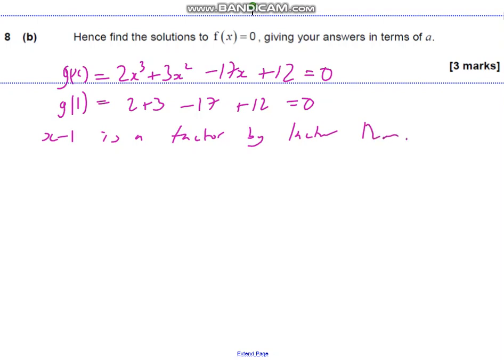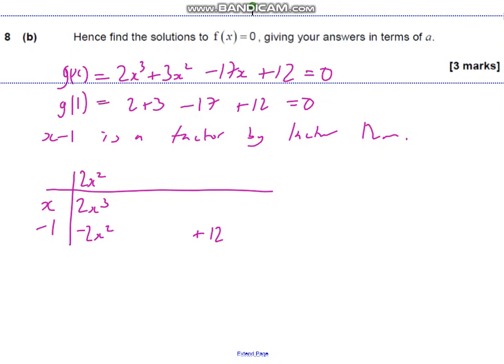Alright, now probably best to use our grid method. So here we go. We've got x minus 1 here because we know that's going into it, and we know we're starting off with 2x cubed, and we know we're finishing off over here with plus 12. So I'll put those things in, and then from there on in we can work all this out. So that must be 2x squared. That means this must be minus 2x squared.